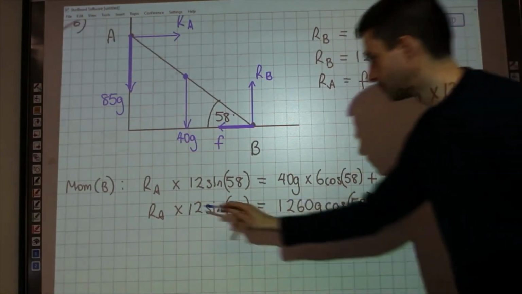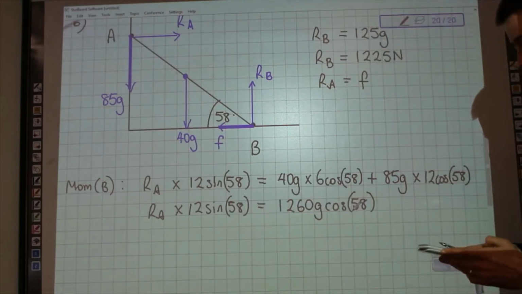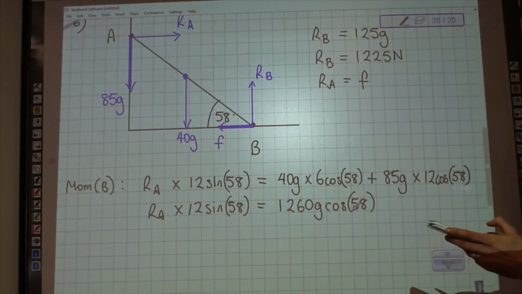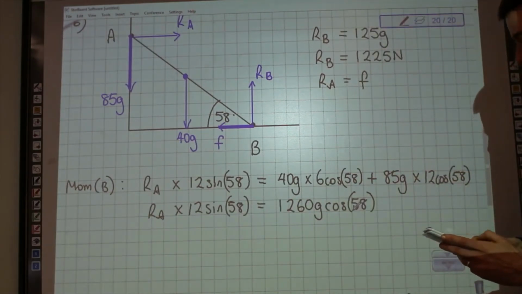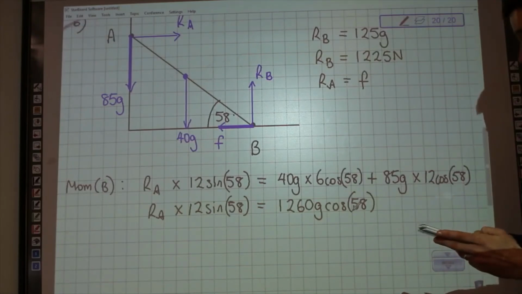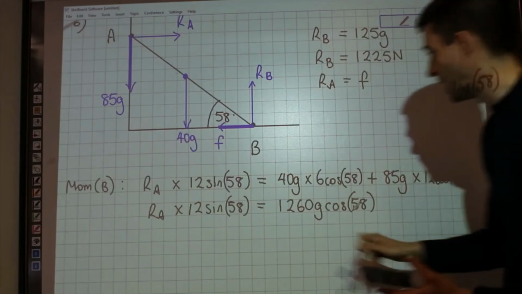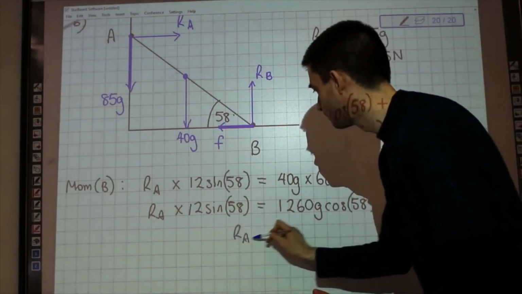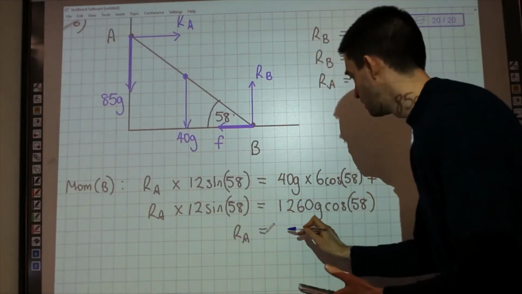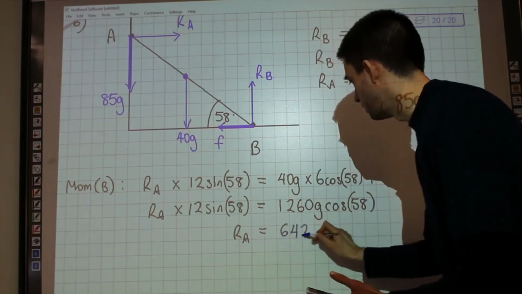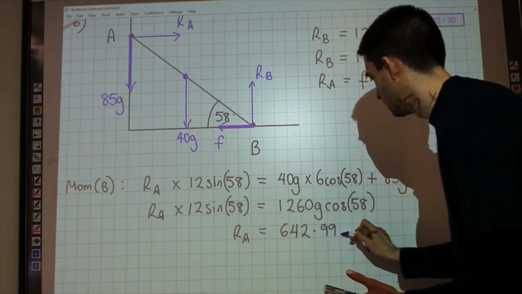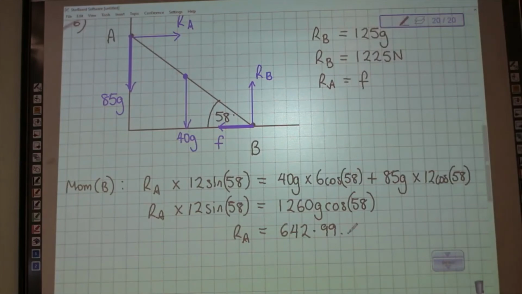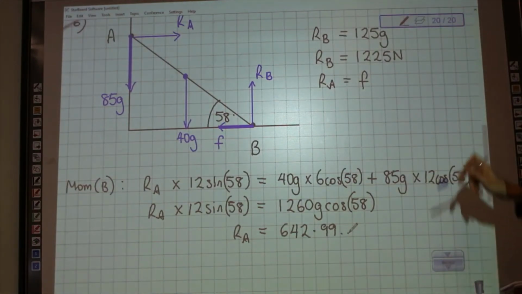That's a number, so I'm going to do that number there, 1,260 times 9.8 times cos 58, divided by 12 sine 58, to get my reaction at A to be 642.99. I'm going to store that in my calculator because I'm going to need that in a minute.